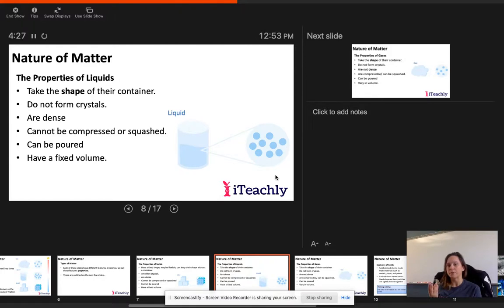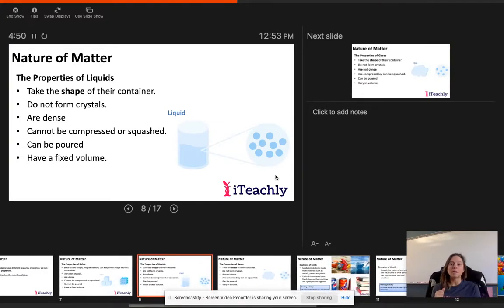So I can put a liquid in a bowl, I can put a liquid in a cup, I can put it in a pan, I can put it in a sheet pan, I can pour it on my desk, and it will have a specific volume, but the shape of that substance is going to be based on the shape of the container.